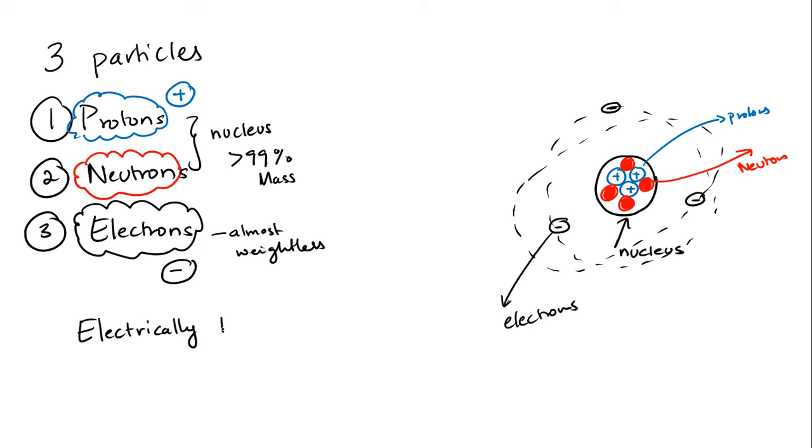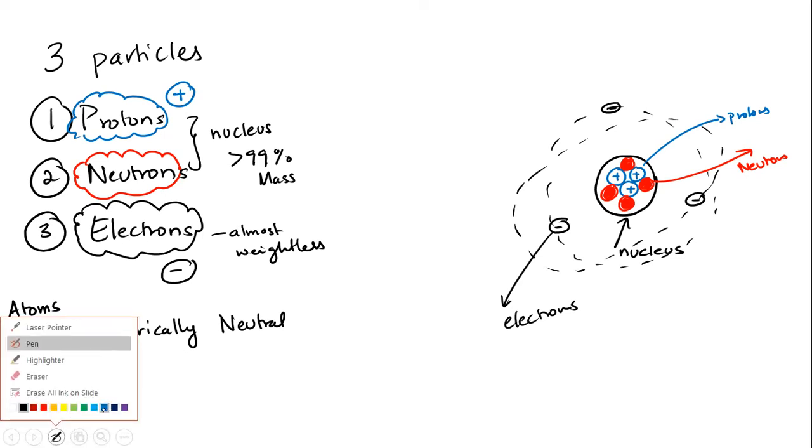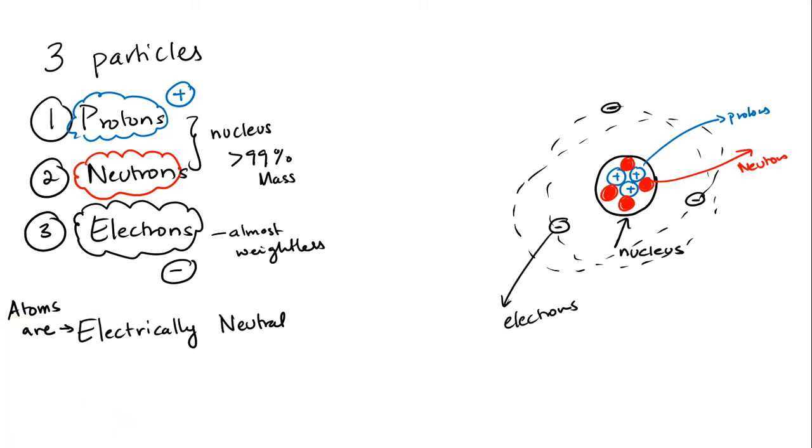The atom itself, okay? Atoms are electrically neutral. What that means is, if I have three protons in my nucleus, I'm going to draw them out here. Here are three plus charges. That means this nucleus has a plus 3 charge.